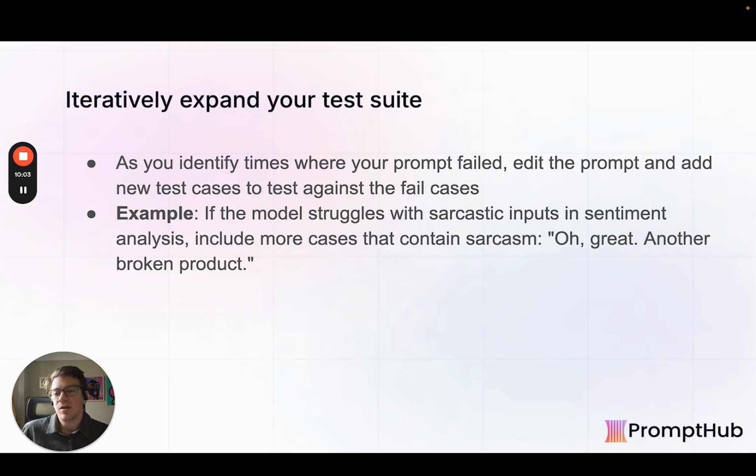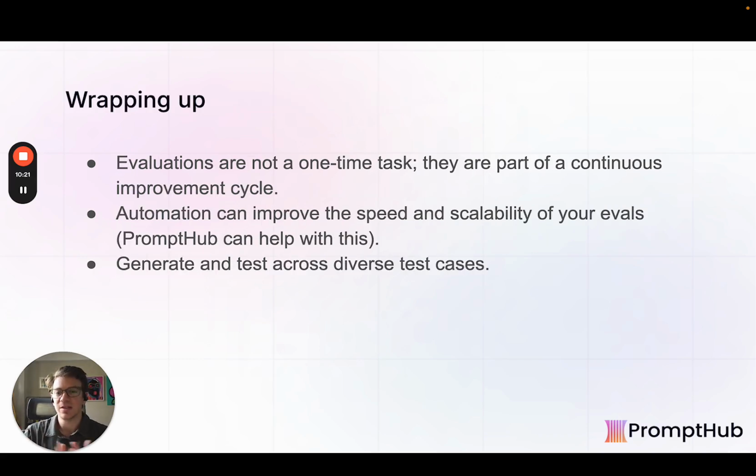And this should be iteratively expanding based on real user data. As you're monitoring requests and seeing things come through, you should be expanding your test cases based on places where your prompt is falling short, updating the prompt to account for those, and then retesting against those failed cases to see if you now pass.